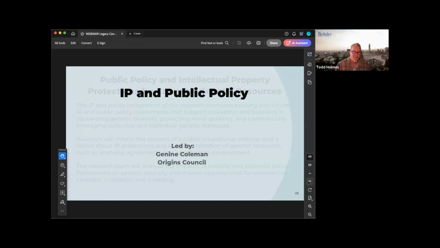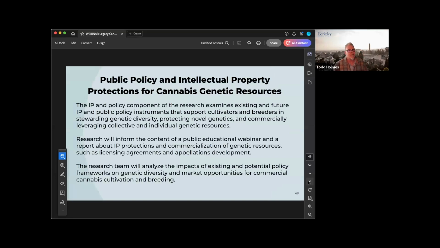Next slide, please. So the IP and policy component of the research examines existing, but also possible future IP and public policy instruments that could support cultivators and breeders in stewarding genetic diversity, protecting some novel genetics, and commercially leveraging the collective and individual genetic resources.